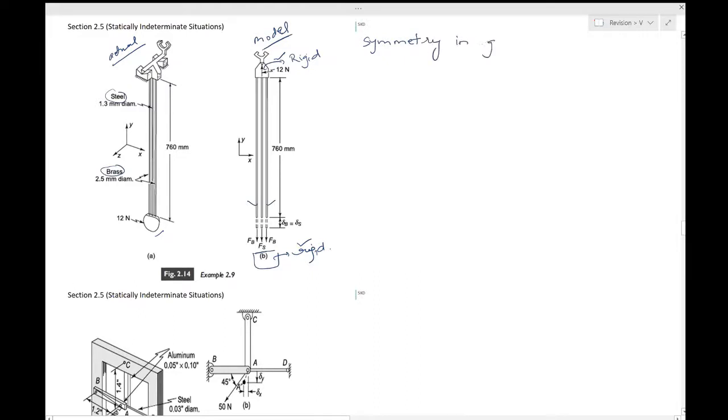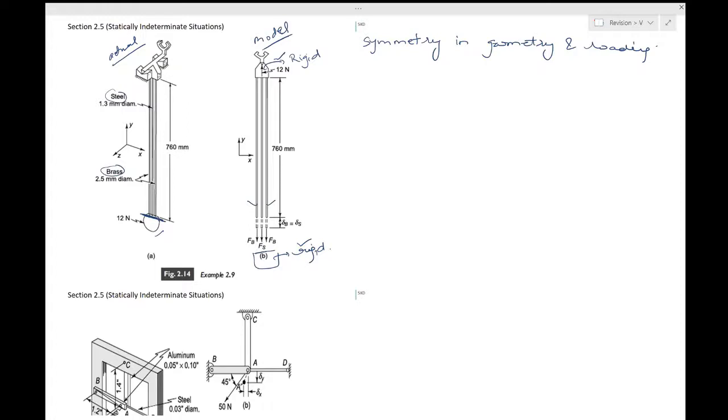Symmetry in geometry and loading. So the brass ones will carry the same weight, and obviously all three of them will have to elongate by the same amount, right? So these three rods have to elongate by the same amount, otherwise the clock will get tilted.